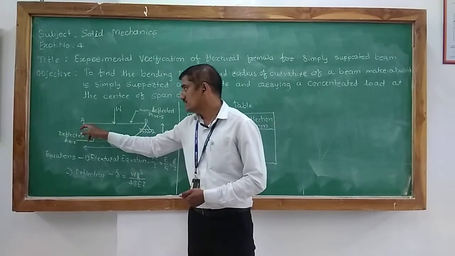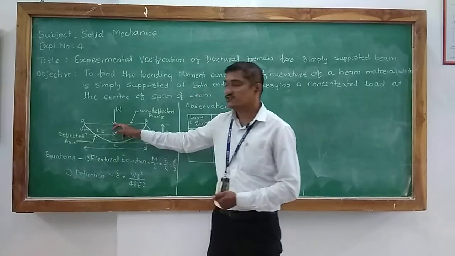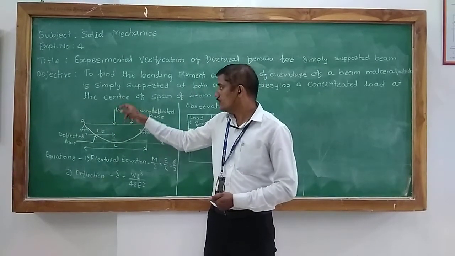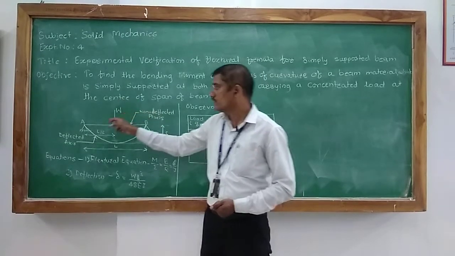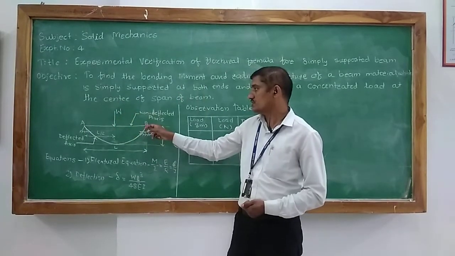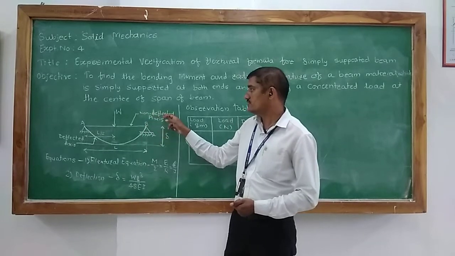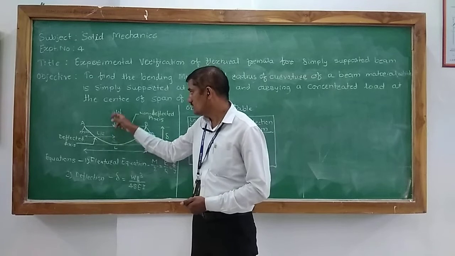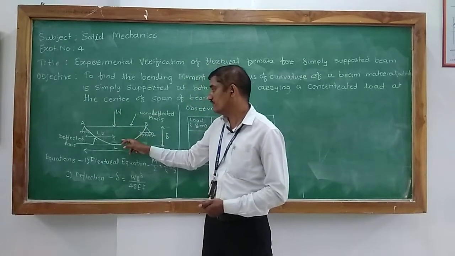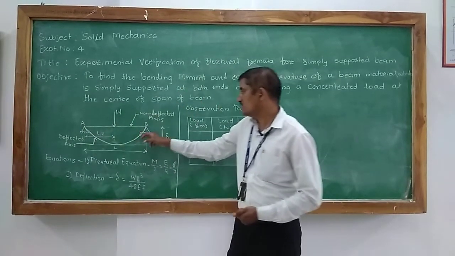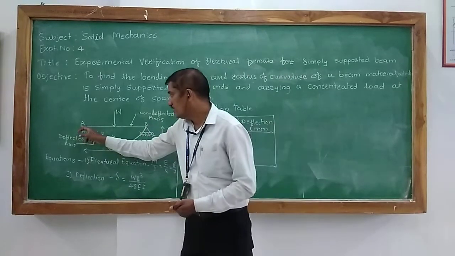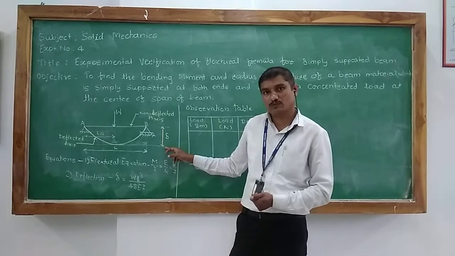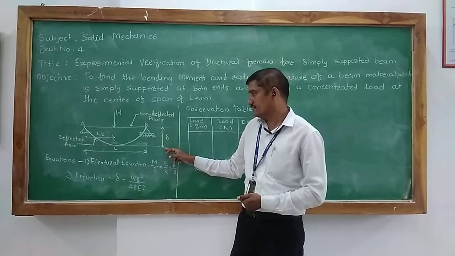That means this is the point load at a distance of L by 2 from point A. Due to the application of the load, the beam AB undergoes deflection, shown here by the yellow chart, called delta, which is the maximum deflection occurring at the center.